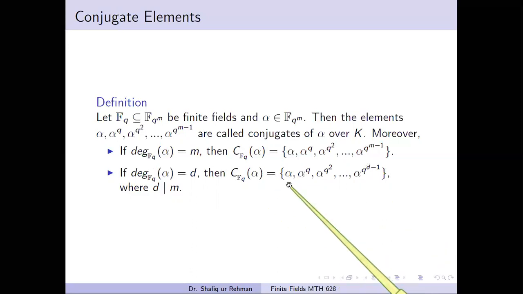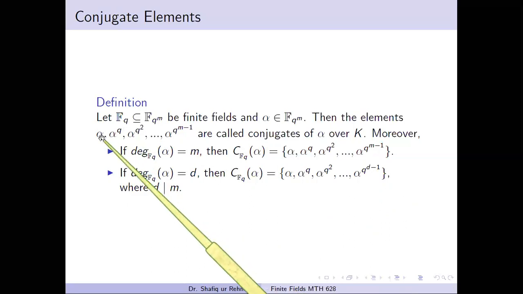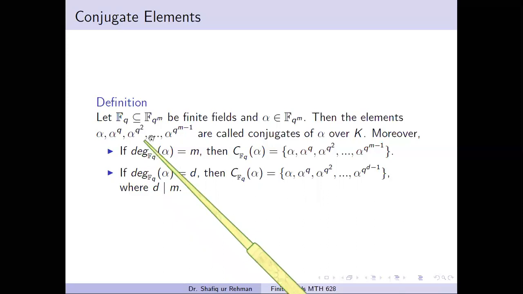But we get only d distinct elements in this set. If the degree of the minimal polynomial is d, then the cardinality of this set is equal to the degree of this element. If the degree is m, then all the elements will be distinct. If the degree is not m, these will not be distinct. Then after some power, there will start a repetition.